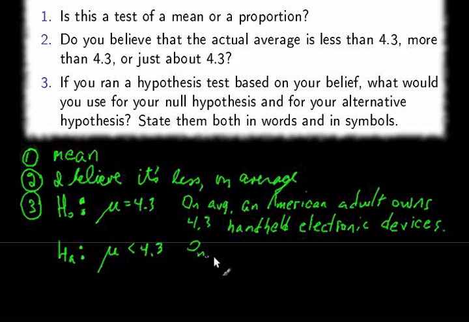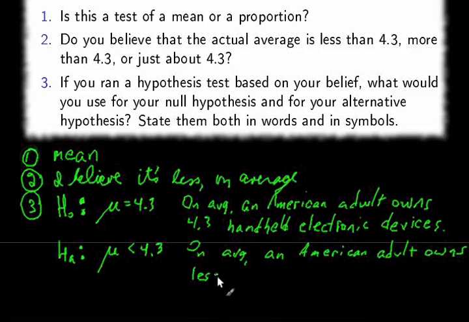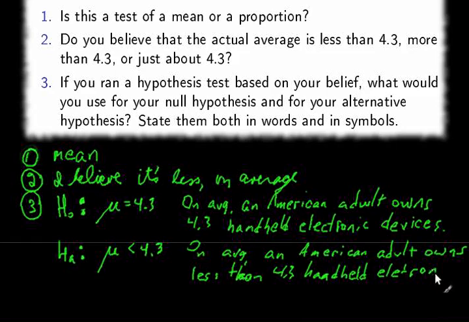In other words, on average, an American adult owns less than 4.3 handheld electronic devices.